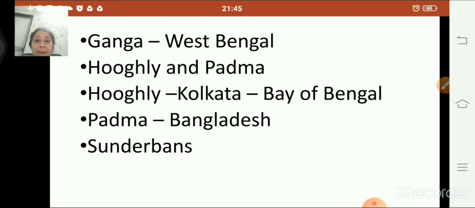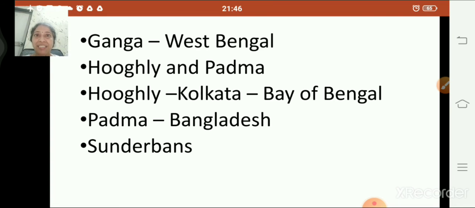The delta made by Ganga and Brahmaputra is the largest in the world, and it is called, do you know? Yes, it is called Sundarbans.